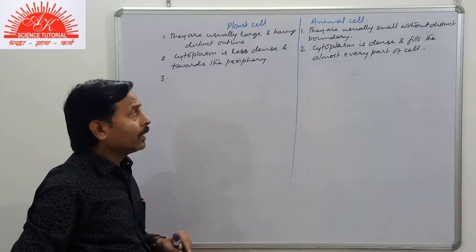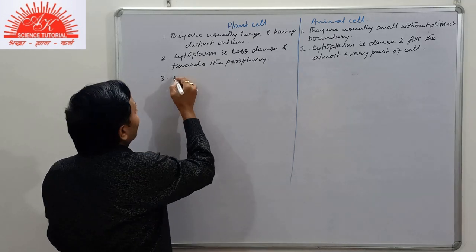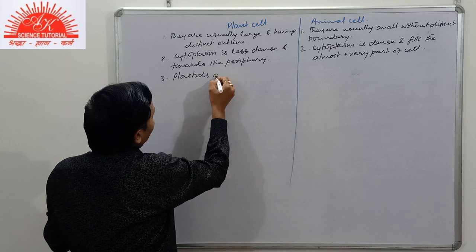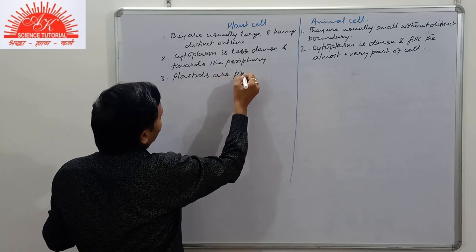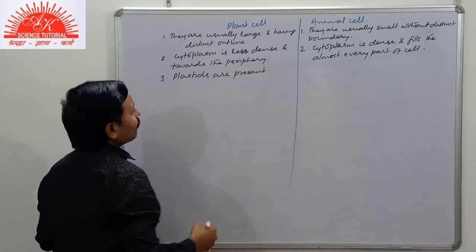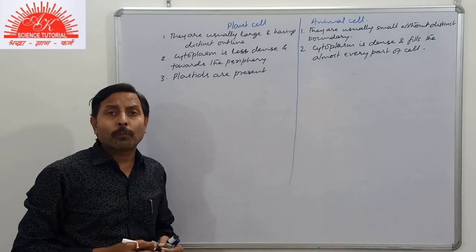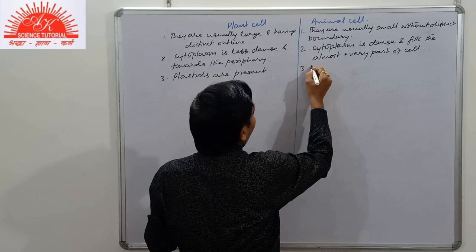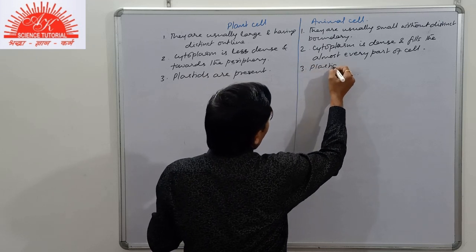Third, in plant cells, plastids are present, that may be leucoplast, chromoplast or chloroplast. Here, plastids are absent.